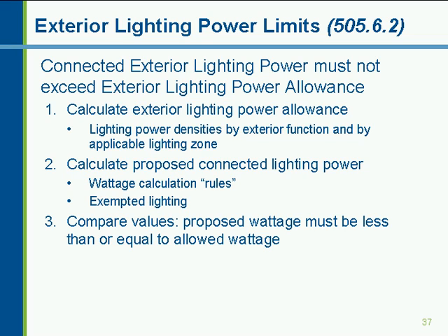You calculate your lighting power allowance based on these functions, spaces, and applications, and then you calculate the proposed connected lighting power that you're going to install on the outside, again, using the same wattage calculation rules, and looking out for any exempted lighting that you don't have to count. And then just like with the interior, you compare these two values, and you need to make sure that your proposed wattage is less than or equal to the allowed wattage.